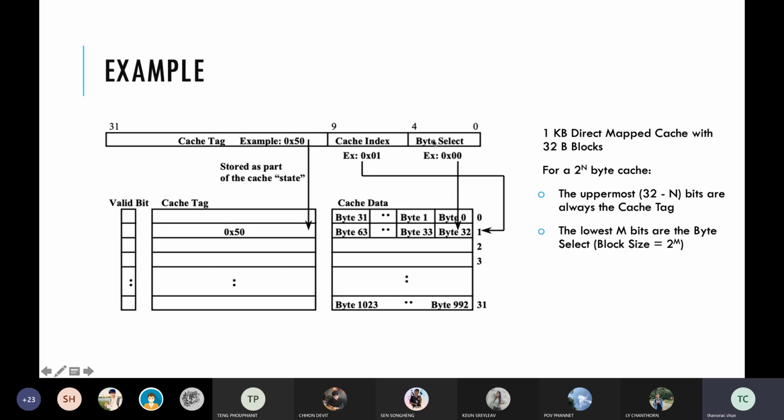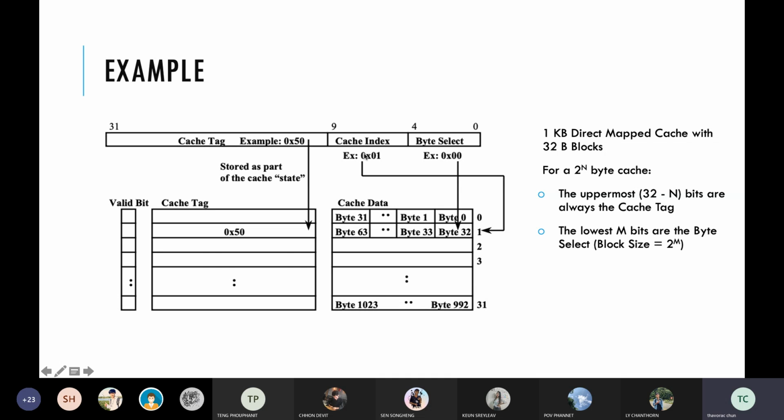You can call it byte select, or offset, or maybe word select, because like I told you before, if it is byte addressable, each byte has one address, and if it is word addressable, each word has one address. So here you see byte select, meaning they assume that it is byte addressable. So from 0 to 9 is for the cache index and the byte select, and from 10 to 31 is for the cache tag.